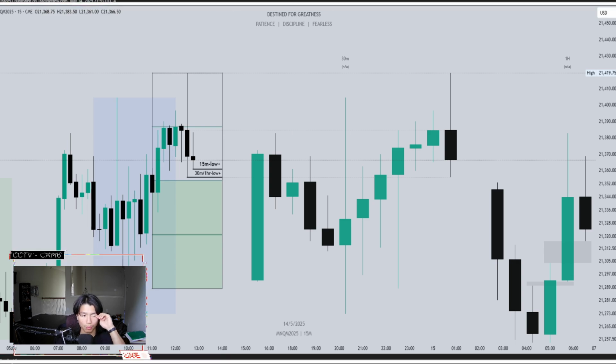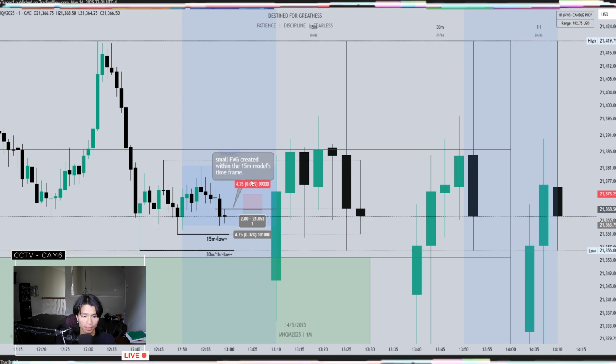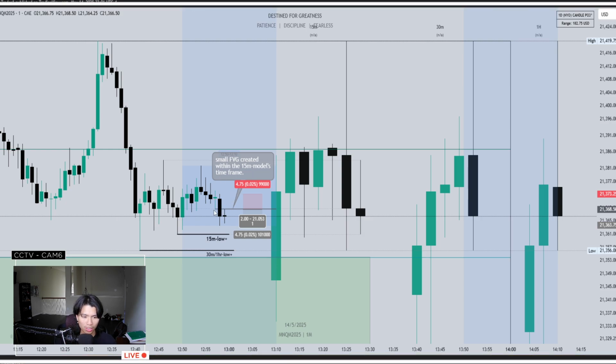So with that in mind, let's go on to the 1 minute time frame to really show you the entry pattern that I use to take out the 15-minute low and for prices to continue to expand lower towards the 30-minute / hourly low. So there is a really small fair value gap here, right?